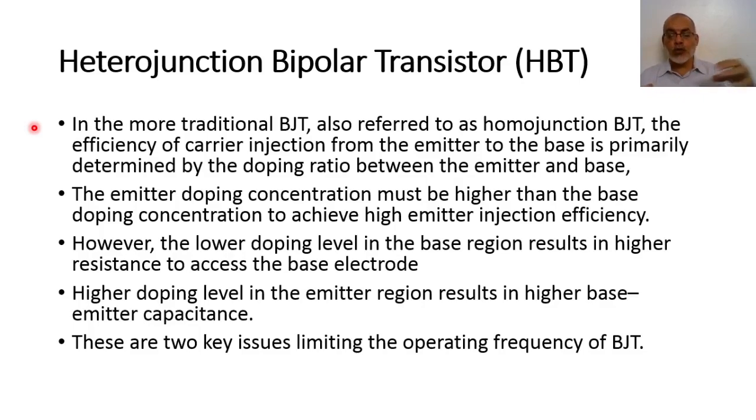To make the current flow in this way, it is required to make the doping of the emitter much higher than the doping of the base. So usually the emitter is N plus, the base is P, and the collector is N.